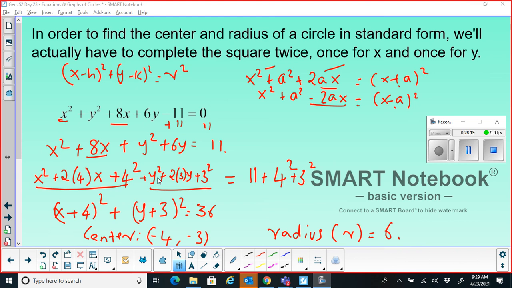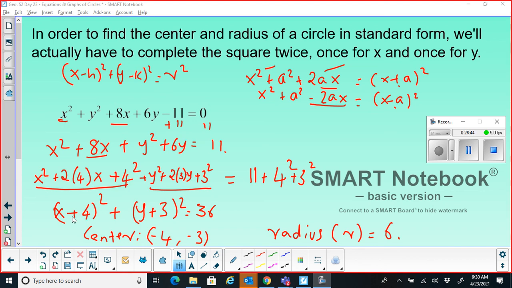Same way over here, 6y can be split as y square plus 2 times 3y, plus I need to add the a square. A square here is 3 square, so if I add 3 square, I need to add 3 square on the right side too.